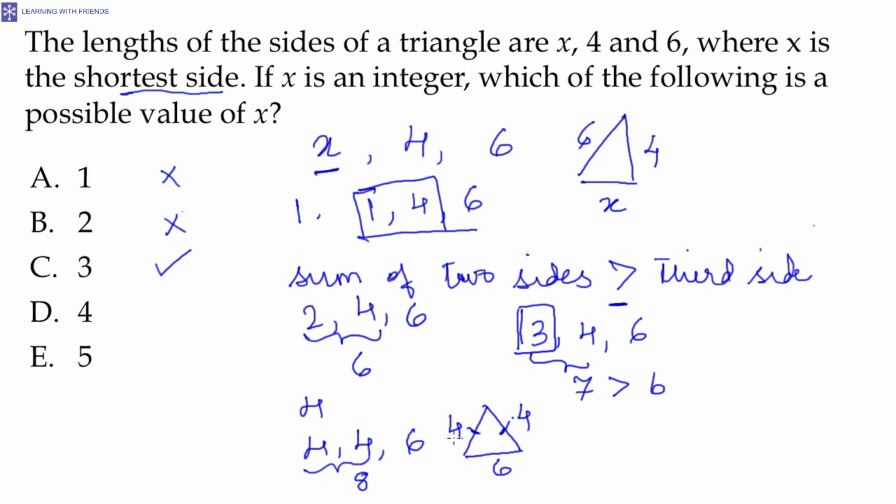And this is not the shortest side then, because we wanted x to be the shortest side. So therefore 4 cannot be the answer, and for the same reason 5 cannot be the answer, because if we take 5, 4 and 6, then again 5 is not the shortest side. The shortest side in this triangle is 4. Therefore 5 cannot be the answer. So therefore our right answer is option C, 3.